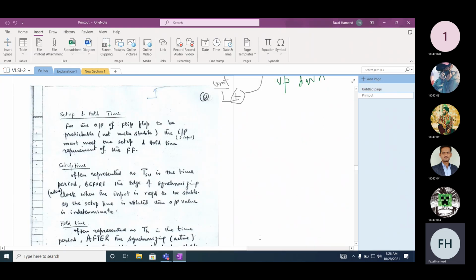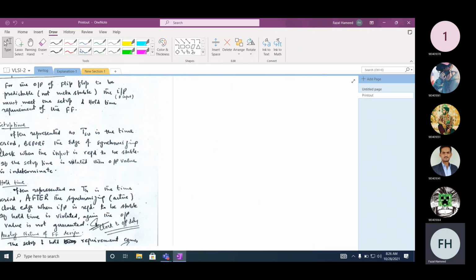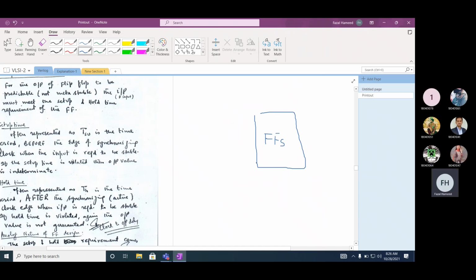So in a sequential circuit, I can draw it here. For a sequential circuit, there will be some flip-flops. These flip-flops will store the state of the system. Let's assume this state is ST, and this is the output of the flip-flop, so there will be a lot of Qs here.